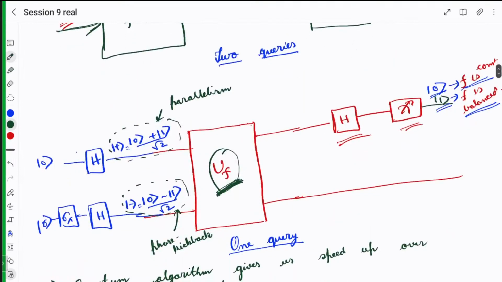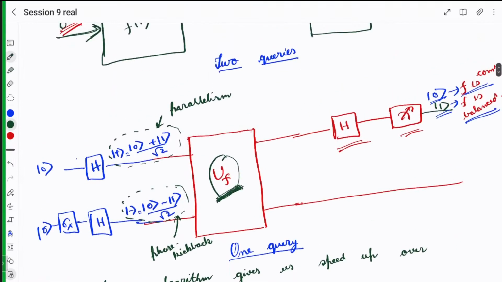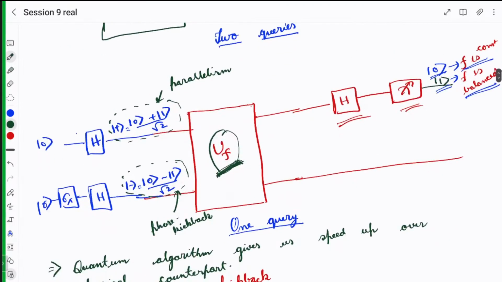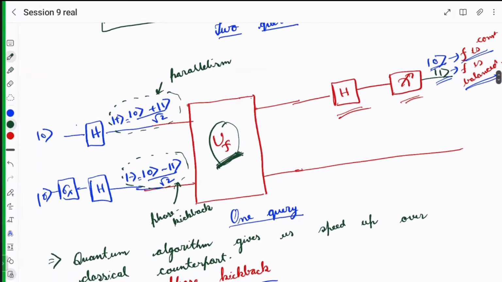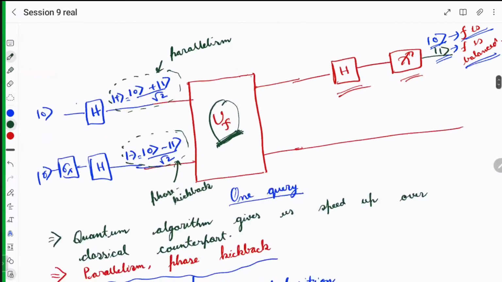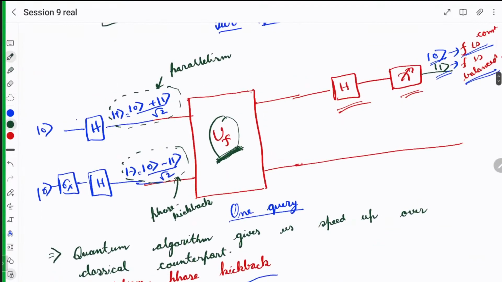But with the help of quantum mechanics and this quantum circuit, we were able to show that with only one query to the oracle, you can find out if the function is constant or balanced. So with the quantum algorithm, we obtained a speedup.